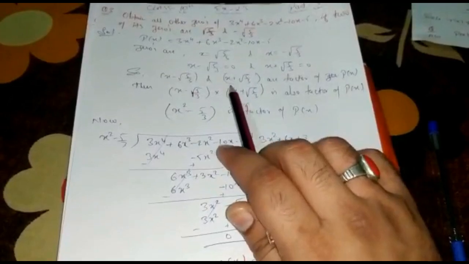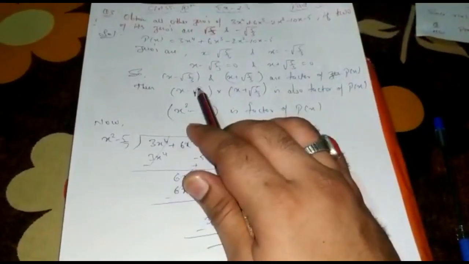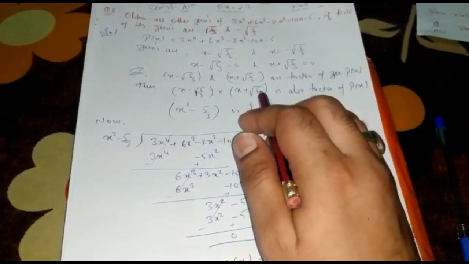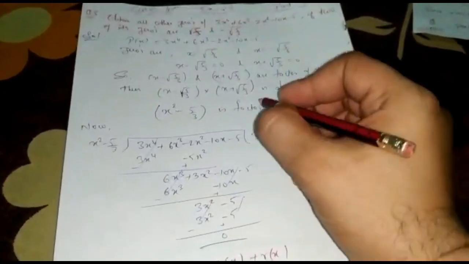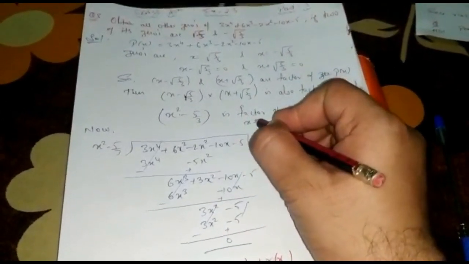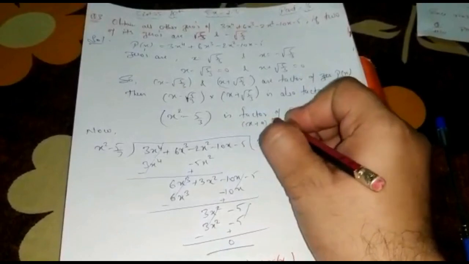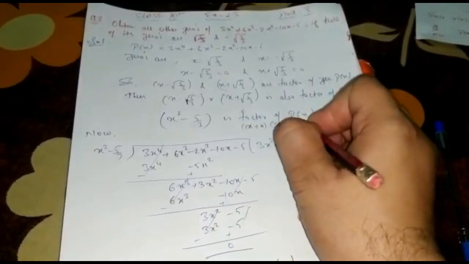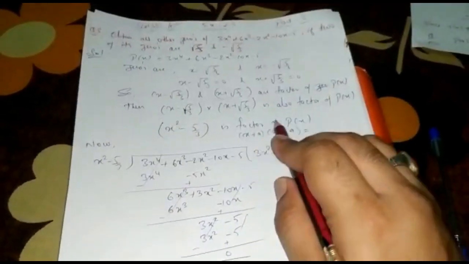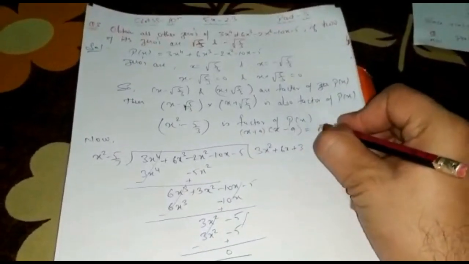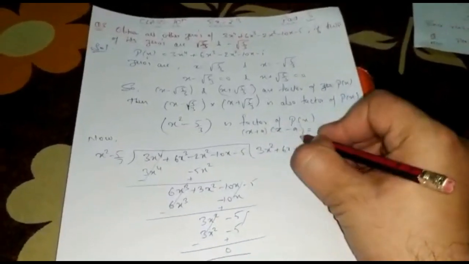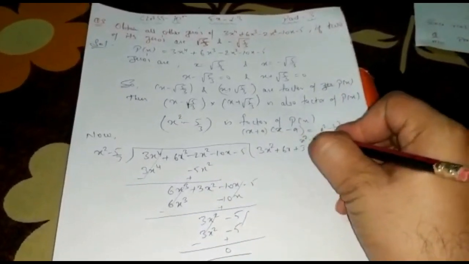So when we multiply them, the product is also a factor of this polynomial. It gives x minus root 5 by 3 times x plus root 5 by 3. This is of the form (a plus b)(a minus b), which is equal to a square minus b square. So it gives x square minus a square.